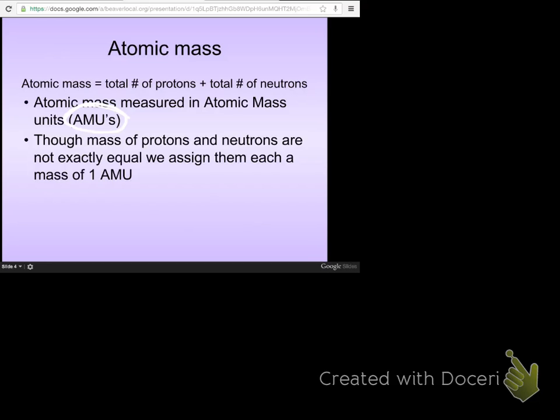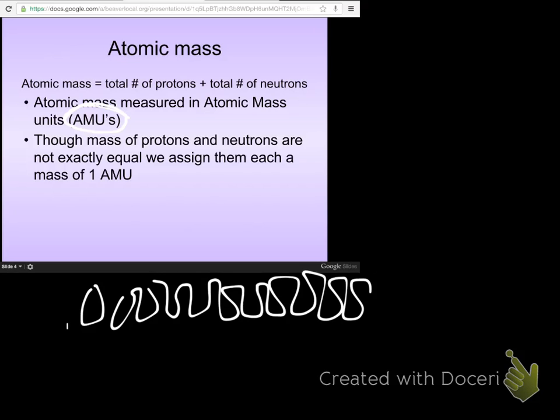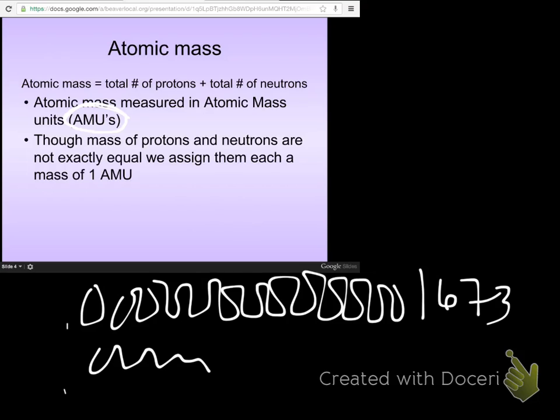And remember what we said about the mass of a proton and the mass of a neutron? I mean, that's pretty darn small, and that's, I believe, in grams. I'd have to go back and double check.